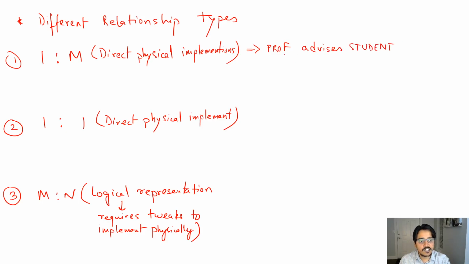So what we can interpret this as, if it falls within the 1:m category, is a given professor can advise multiple students.